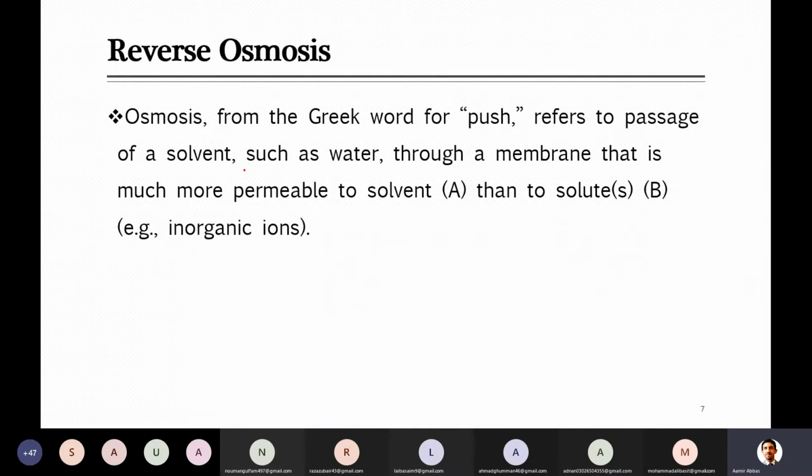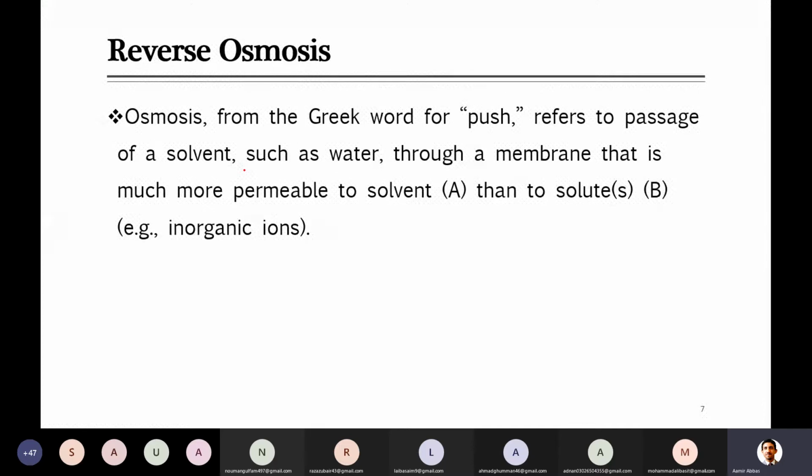That was just a general discussion. If we look at the specific definition or meaning of osmosis, it is a word from the Greek language, and it means push. Osmosis is push, referring to the push or passage of some solvent, for example water.